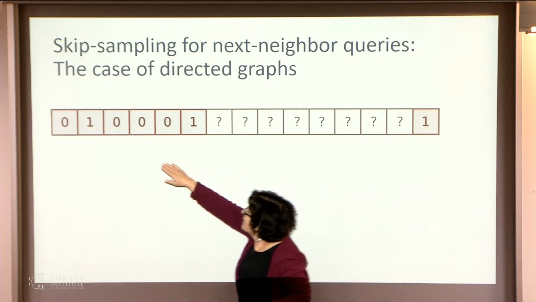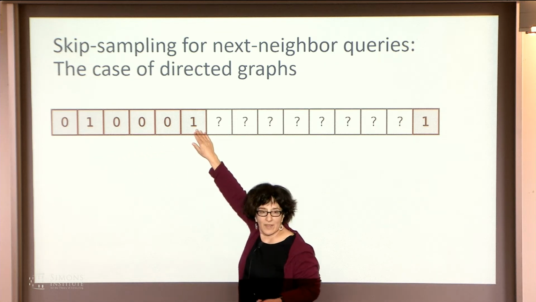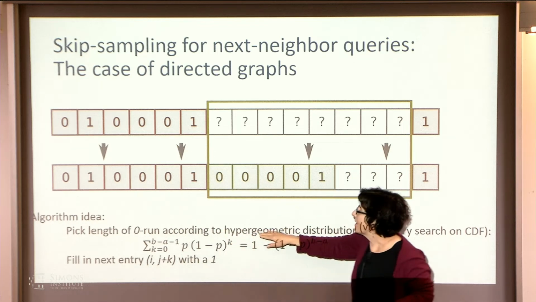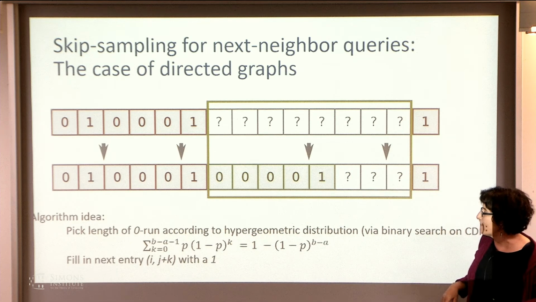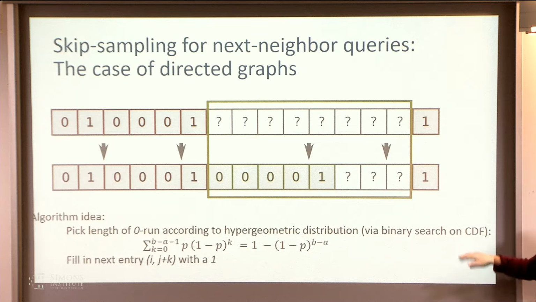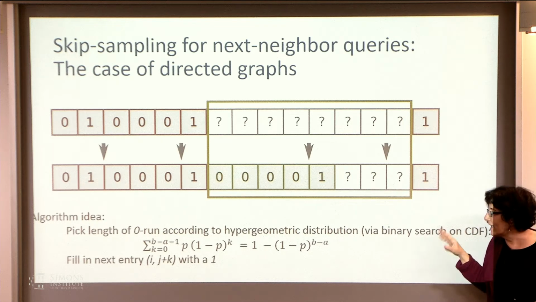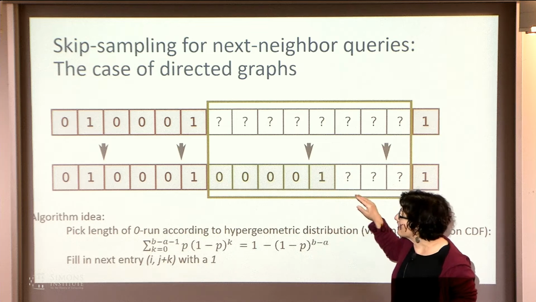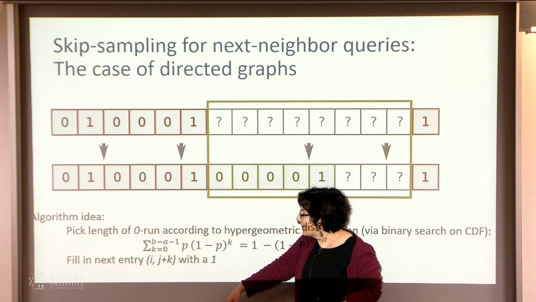Okay, so we've done the next neighbor queries up to here. We figured all this out. So what we'll do is pick the length of the zero run according to a hypergeometric distribution. And how will we do that? We'll pick a random number between 0 and 1 and do a binary search on the CDF of this thing. And once we pick the length of the zero run, we'll fill the next entry.